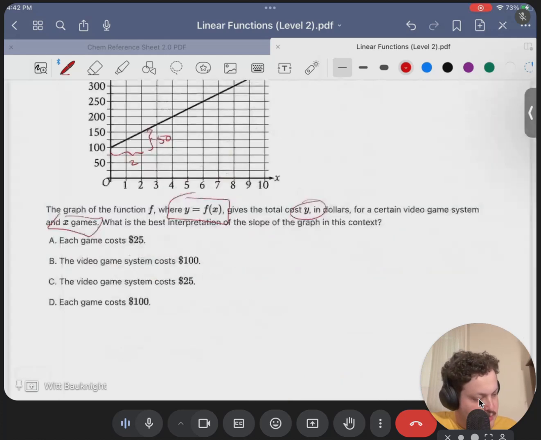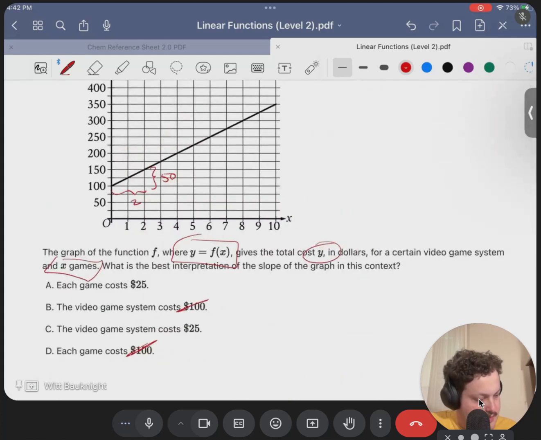So that's 25. So every additional game that you buy is $25 more. And you start off with just the base model, just the console, at $100.